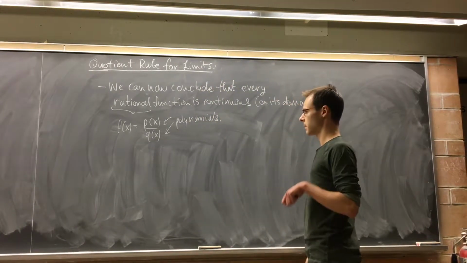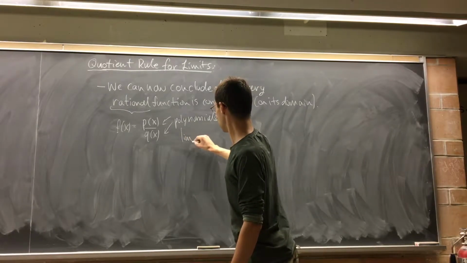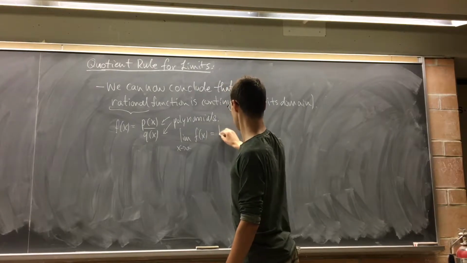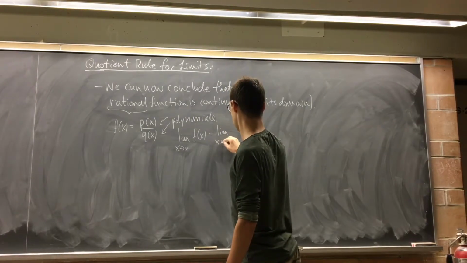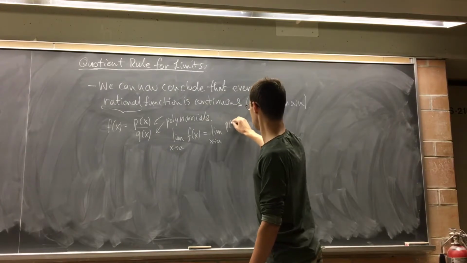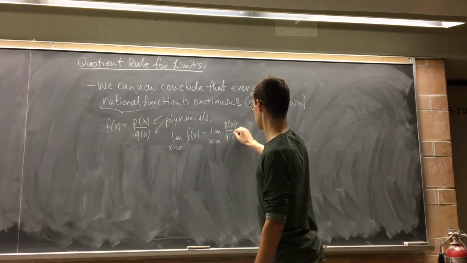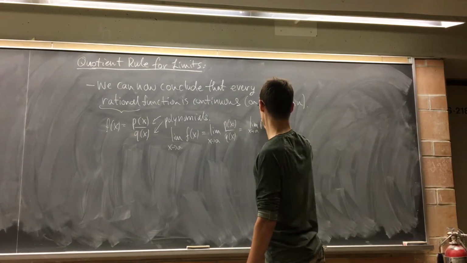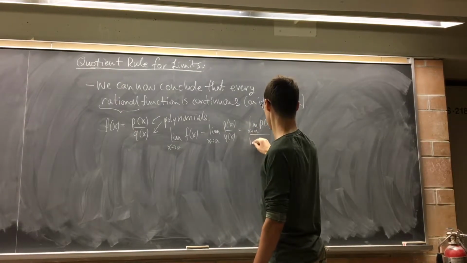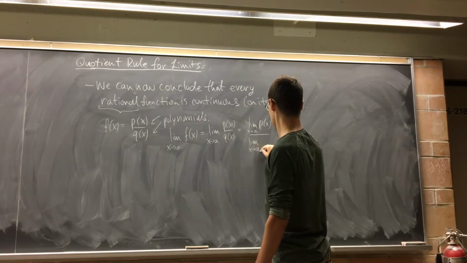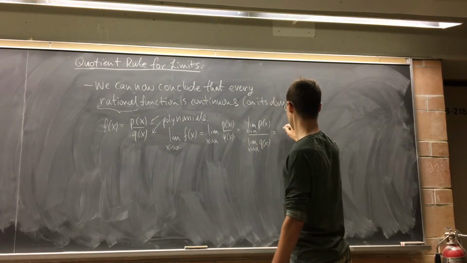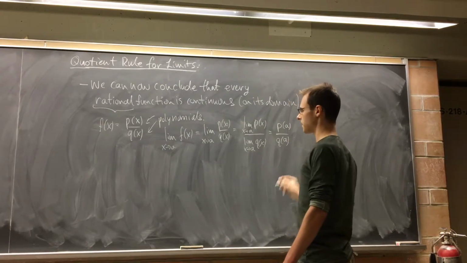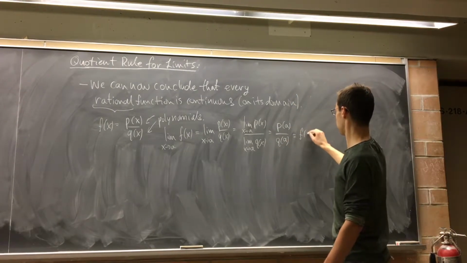We can conclude that the limit as x approaches a of f of x equals the limit as x approaches a of p of x over q of x, which is the limit as x approaches a of p of x over the limit as x approaches a of q of x, which equals p of a over q of a, which is f of a.